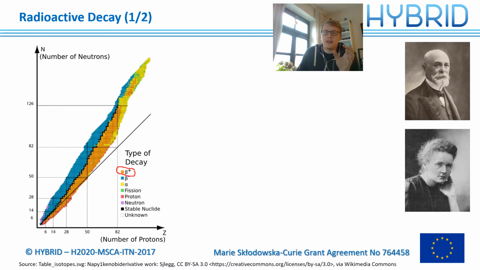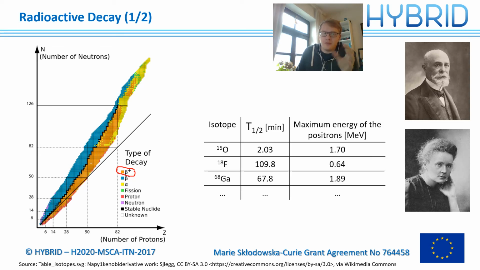So that means they decay emitting a positron. And this is, as you probably guessed, the basis for positron emission tomography. So what happens now? Let's look at some isotopes, the most commonly used.